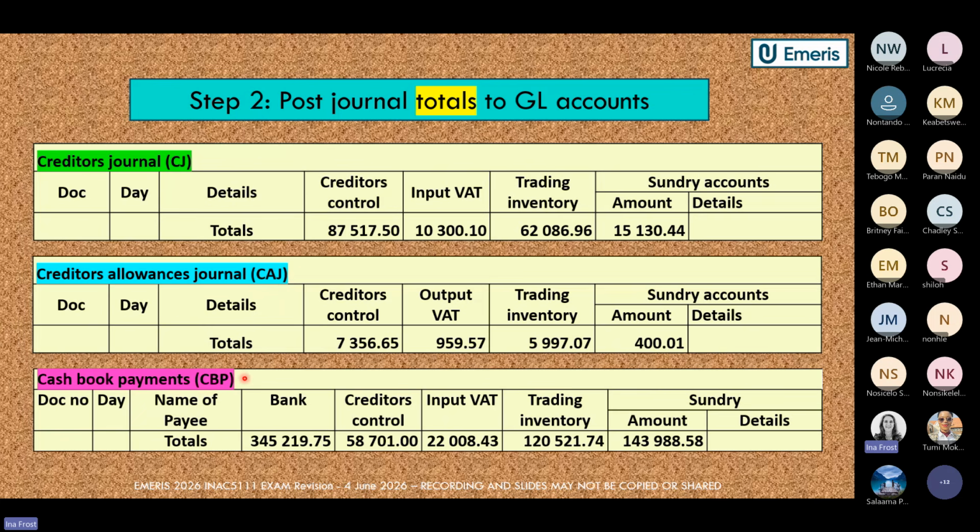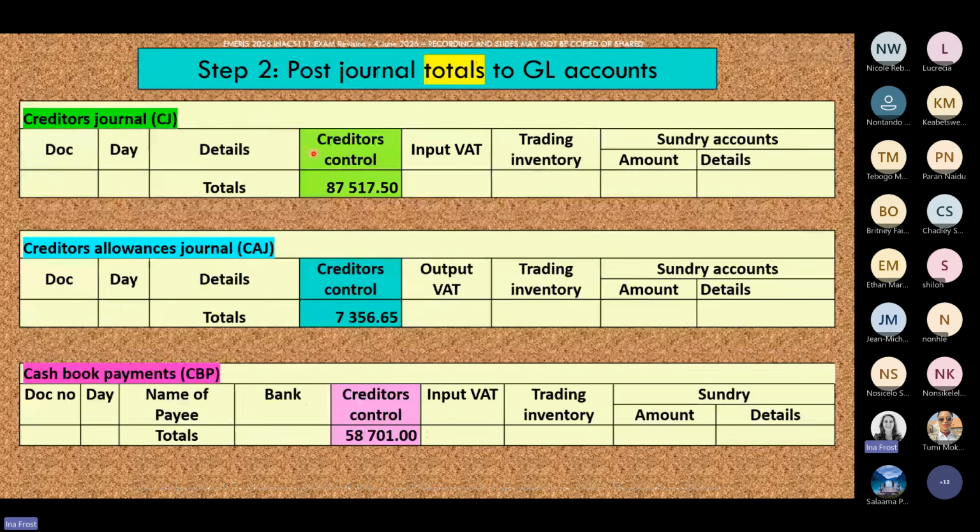And we want to post all 3 journals to the creditors control account in the general ledger. So which of these numbers are we interested in? We're only interested in columns with the words creditors control at the top, because we're busy with the creditors control account. We're not interested in input VAT or trading inventory or anything else.